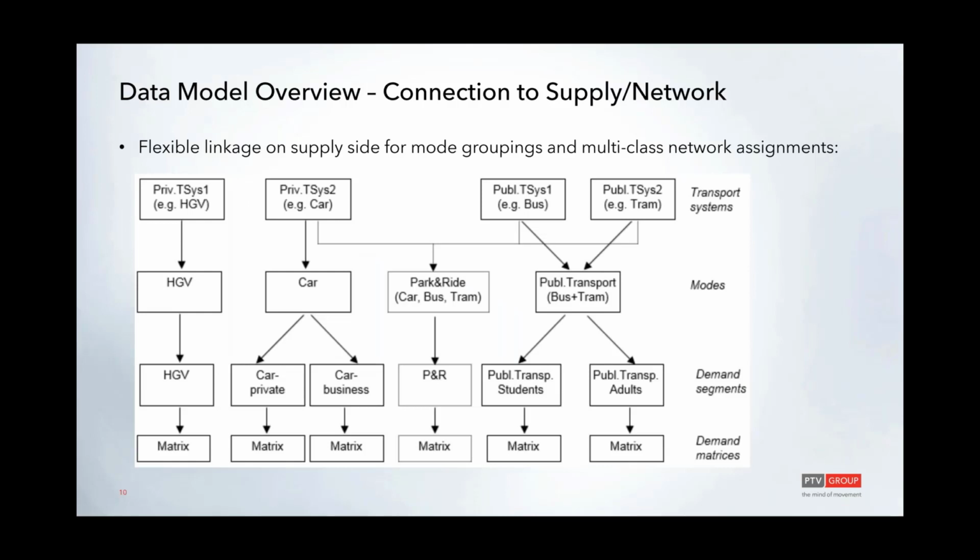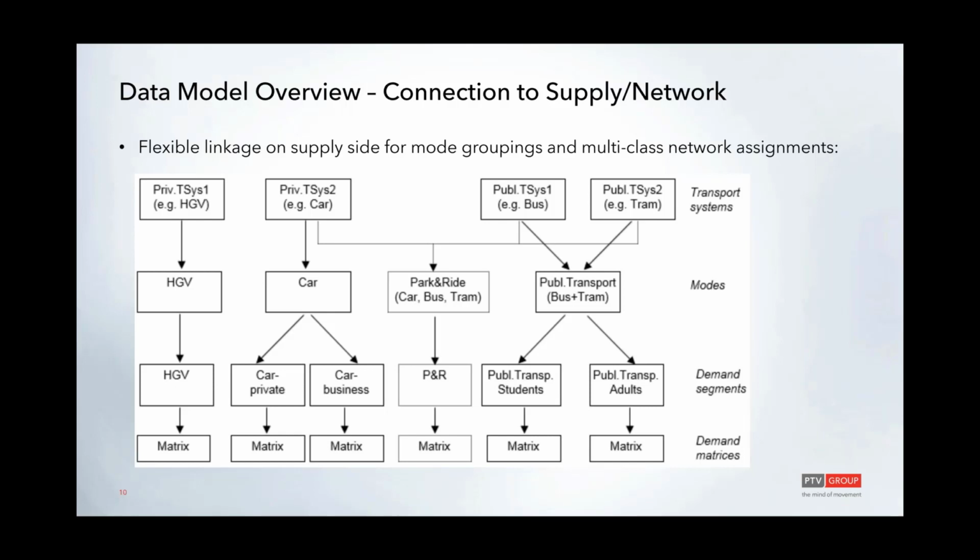This is a general structure of how modes and transport systems are grouped in Visum. So here you can see that private transport, or let's say trucks and cars, have pretty much a one-to-one relationship with, when we say transport system, it also means modes.